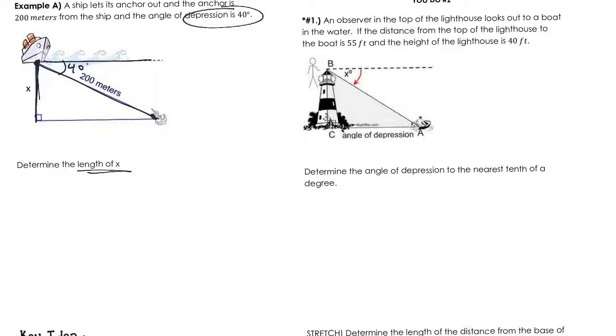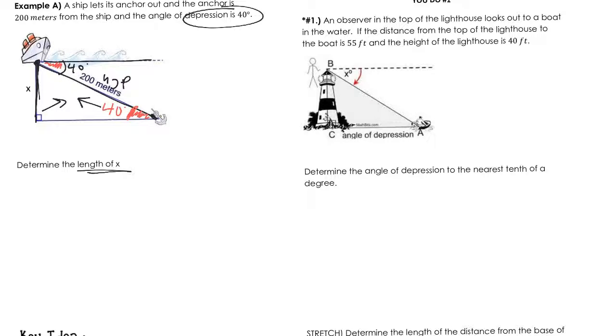Well, I need to have my angle in my triangle before I can set up sine, cosine, or tangent. So since this angle here is alternate interiors with this angle here, I know this is also 40 degrees. And that's my angle of elevation. From there, I'm going to label my triangle. Across from the 90 is the hypotenuse, which is 200.